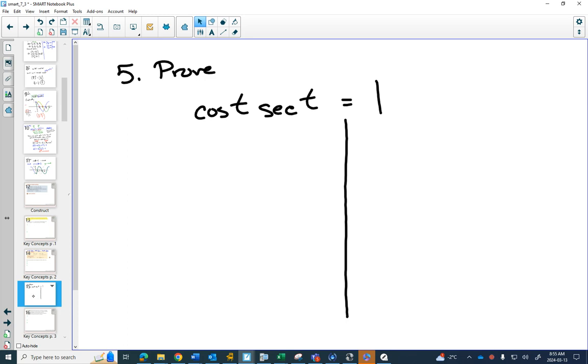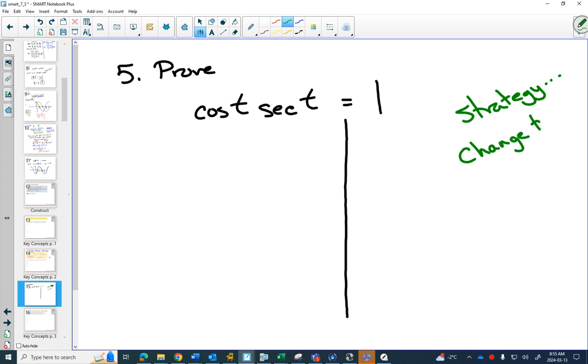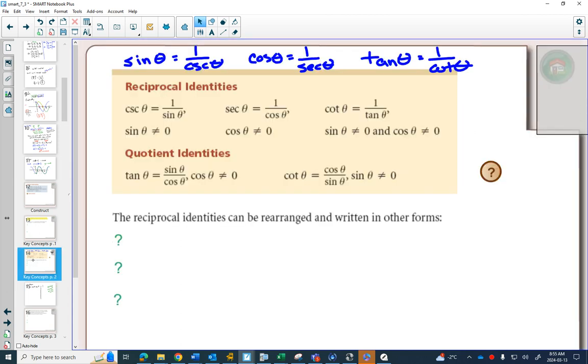And you're going to find out that a key strategy is, if we look at the tools that we have already, there isn't a single one that can't be changed to either cosine or sine, or both.